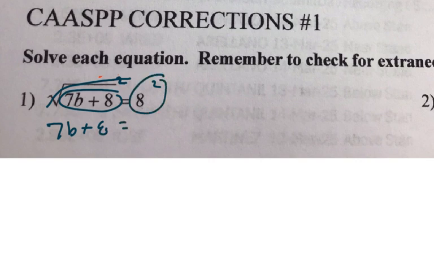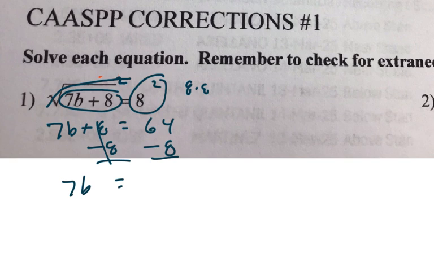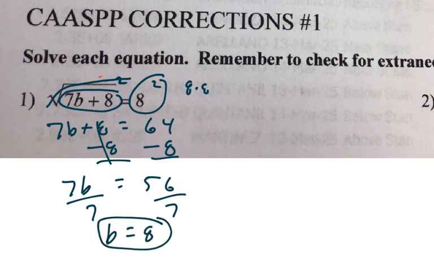Now what's 8 squared? Well, that's 8 times 8. Don't forget what squared means, and that's 64. Now it's just an equation to solve. I'm going to minus 8. 7b is now 56. I'm going to divide by 7. b is therefore 8.